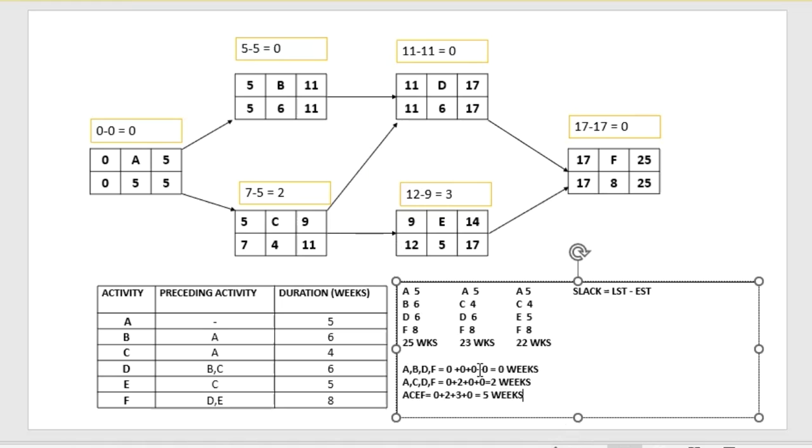So we see that the critical path is ABDF because there's no time for any delays, no errors, no mistakes, right? When we use this method, activities with 0 slack time are along the critical path. All right, so those are the critical activities, meaning that there's no room for delay.